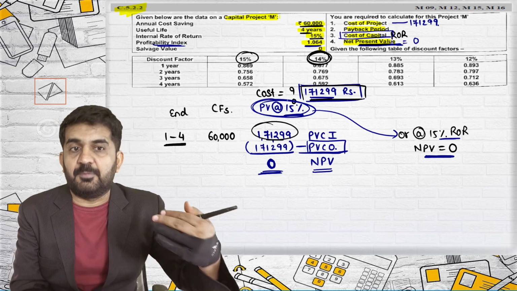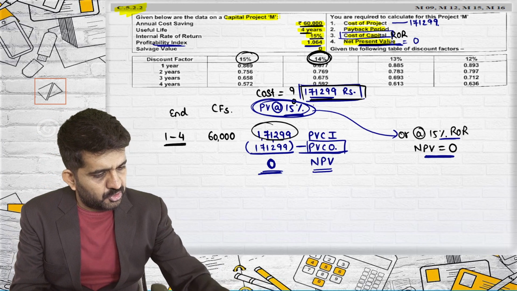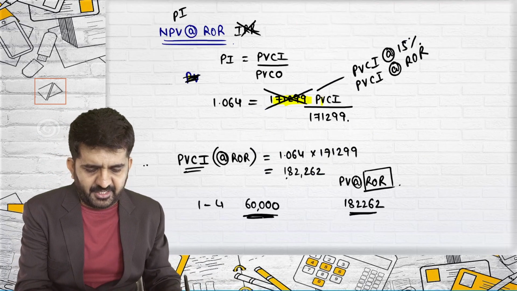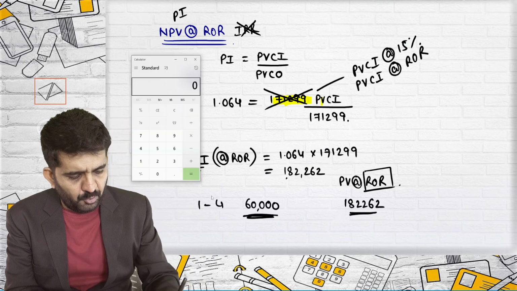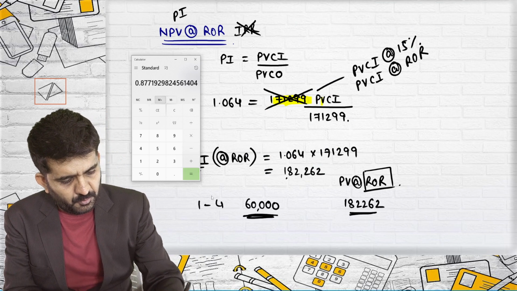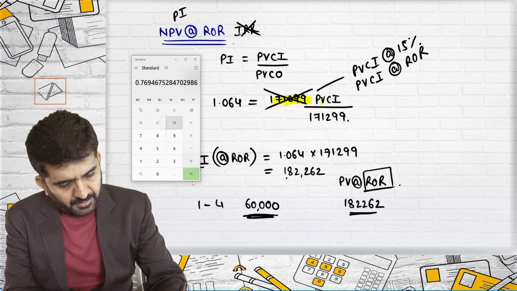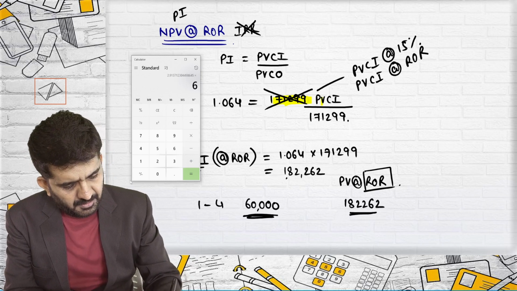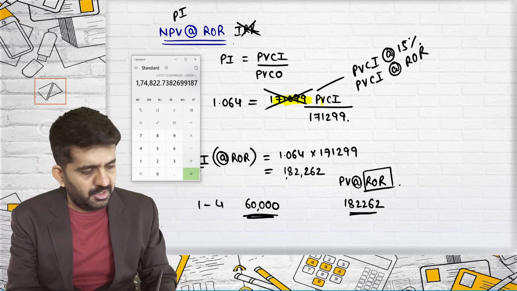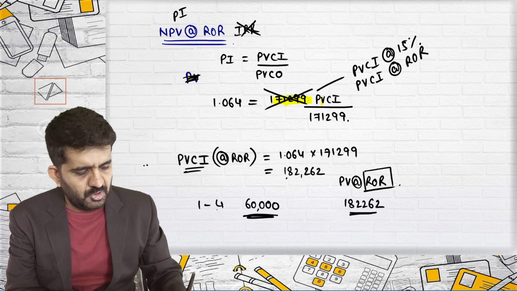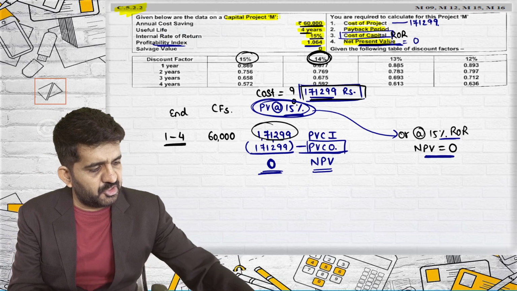Discount it by 14%. Now I want to reduce that amount. So discount 60,000 at the rate of 14%. I am doing trial and error. 1 divided by 1.14 multiplied by 60,000 is 174,822. So 14% is not a correct answer.